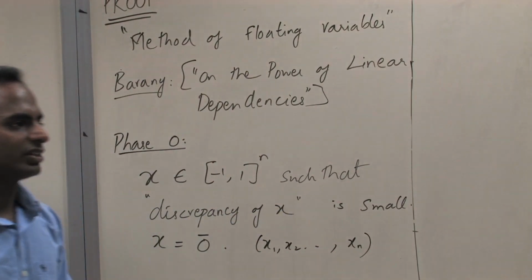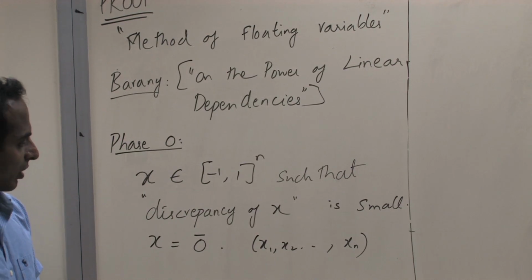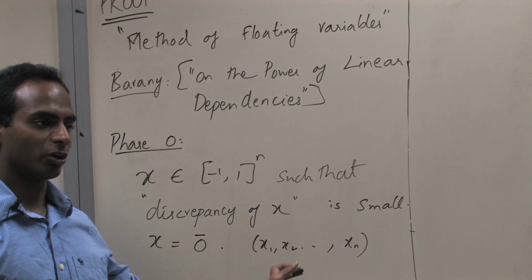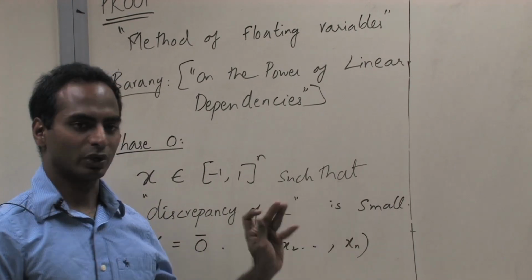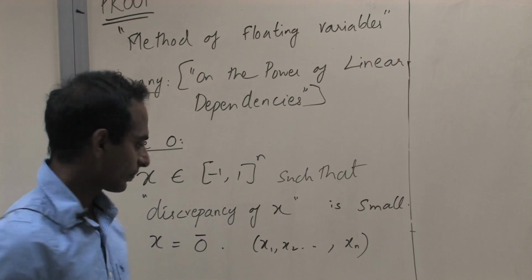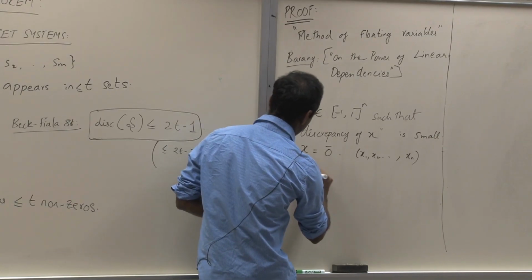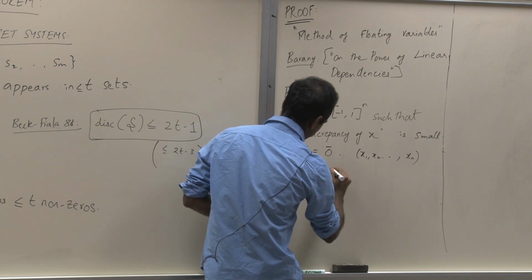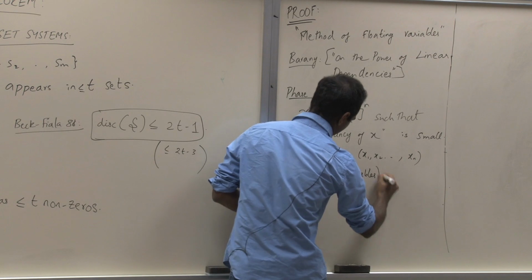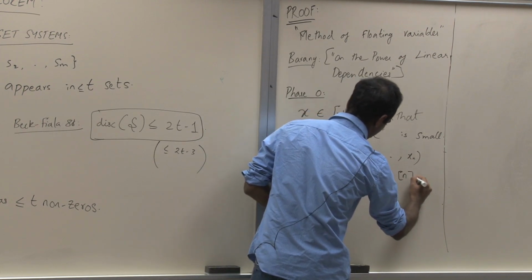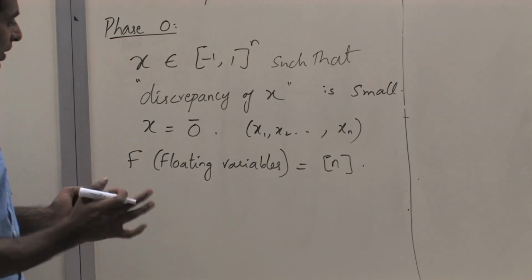Initially all of them are floating, we don't know their values, but in subsequent rounds we'll fix some of them to be 1 or minus 1 and freeze them, and the others will still be floating. So we have a set F of floating variables, and this is n to begin with. This is the set of all 1 through n at the beginning.